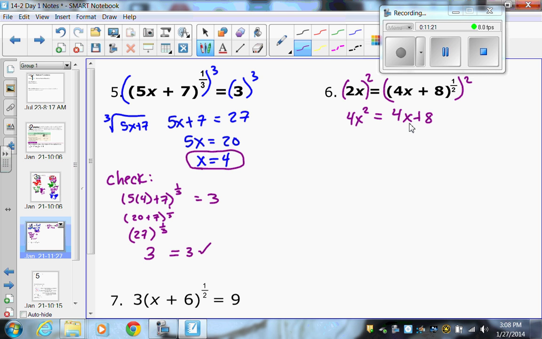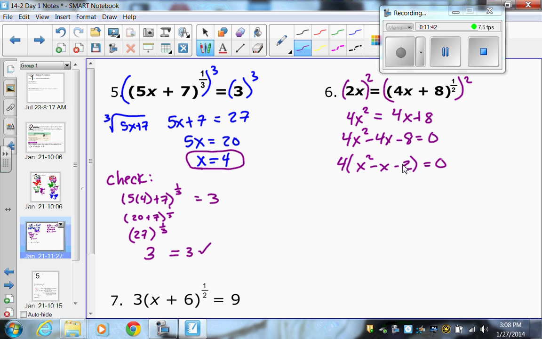Now we have an x squared and an x, so I'm going to get it equal to 0. So that gives me 4x squared minus 4x minus 8 equals 0. I'm going to try and factor this, so I can factor out a 4. This leaves me with x squared minus x minus 2.